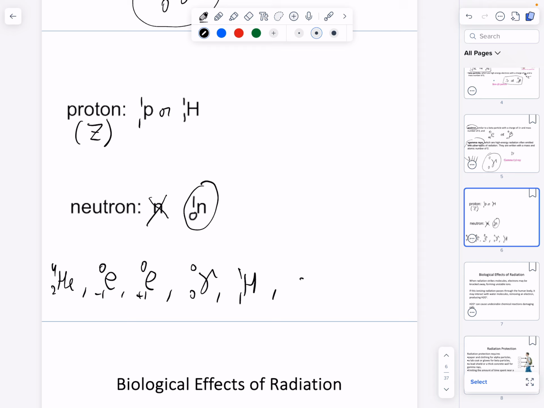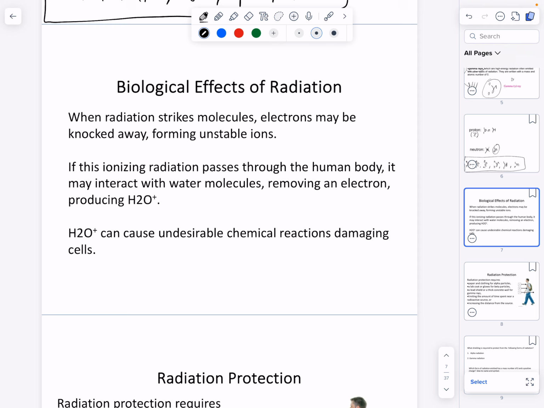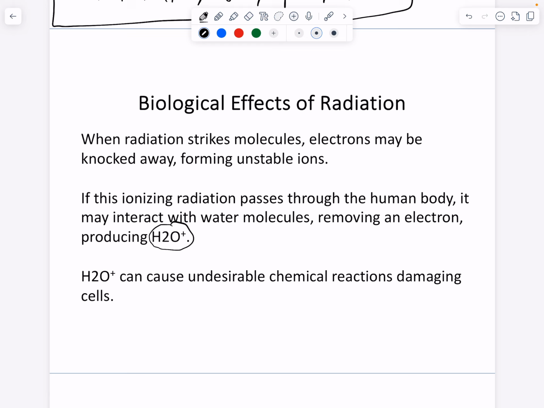Okay, so let's continue. Biological effects of radiation. When radiation strikes molecules, electrons may be knocked away. Okay? So, example, when gamma rays hit water, electrons of the water go away, making some positive radical of water. And remember, your body is full of water.